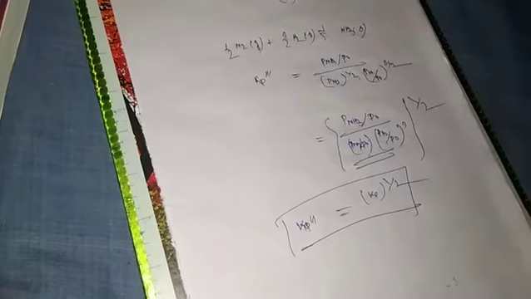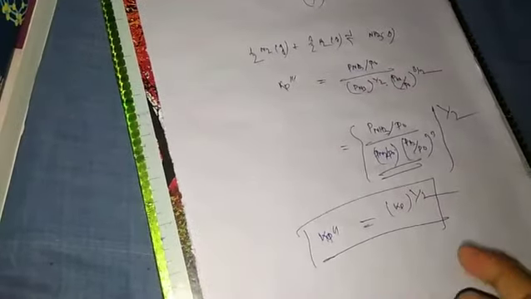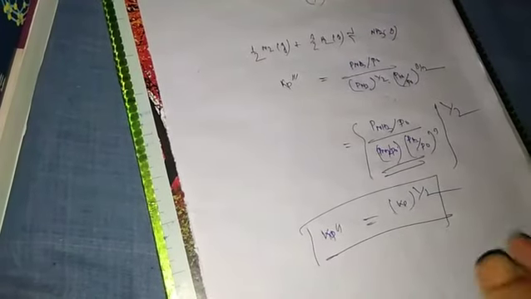So if we divide the equation, then Kp dash equals Kp whole to the power half.